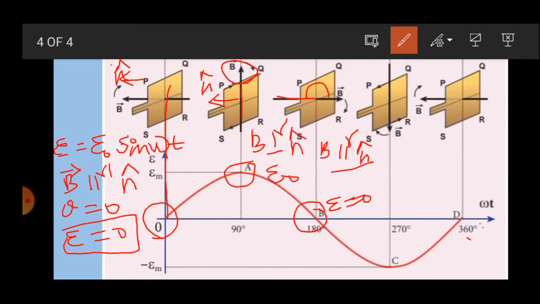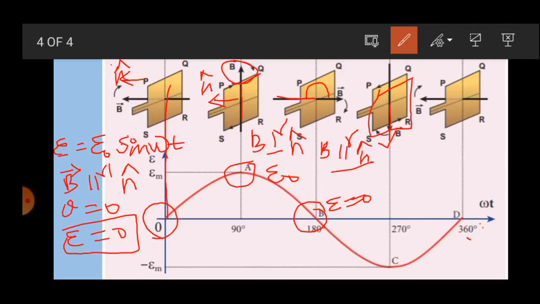So now see, this is the magnetic field, this one is the rectangular loop. The field magnet is rotated 270 degrees. The induced EMF is maximum, but the direction is reversed.